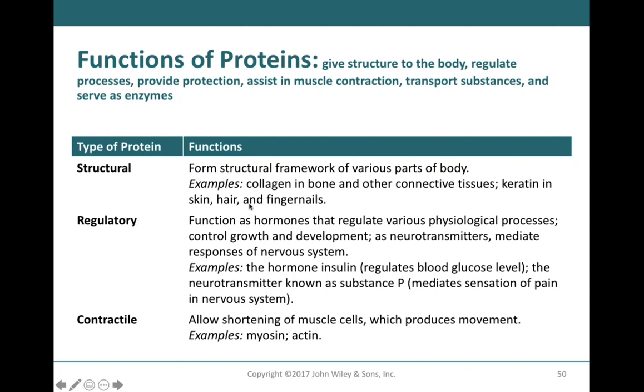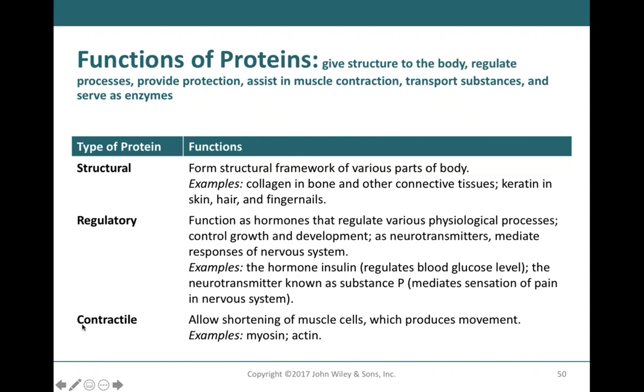One example that we have of a regulatory protein is insulin. Insulin is going to be a very, very important protein we have in our body that's going to be helping to regulate our blood glucose levels. So the pancreas is going to be releasing insulin when we eat sugar, and insulin is going to actually be functioning to help to reduce blood sugar. So insulin is a very, very important regulatory protein.